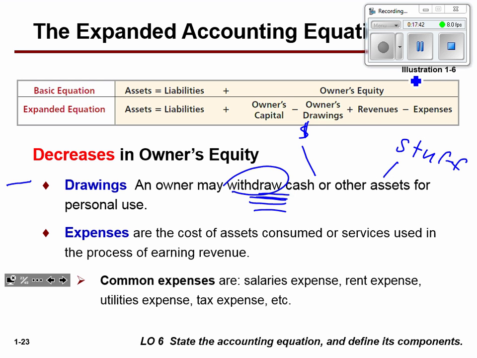So maybe the owner's like, I want to bring my wife a dozen roses tonight. We're going to take those roses out, but I'm withdrawing those assets, those things, out of my store. Or I want to pay myself. They can't just take the money because GAAP, generally accepted accounting principles, says don't just take the money. You have to withdraw that money. Put it on paper.